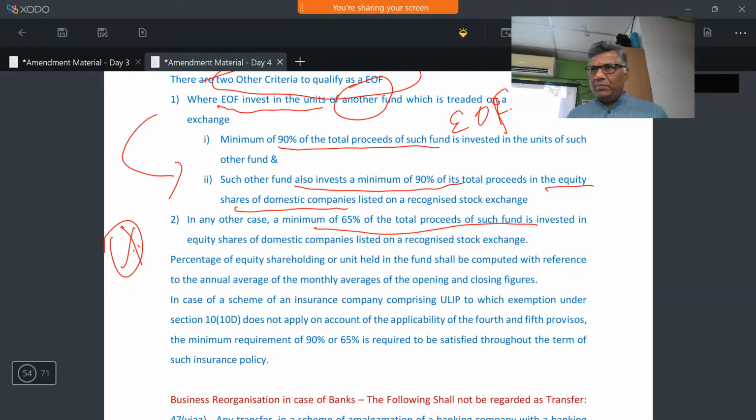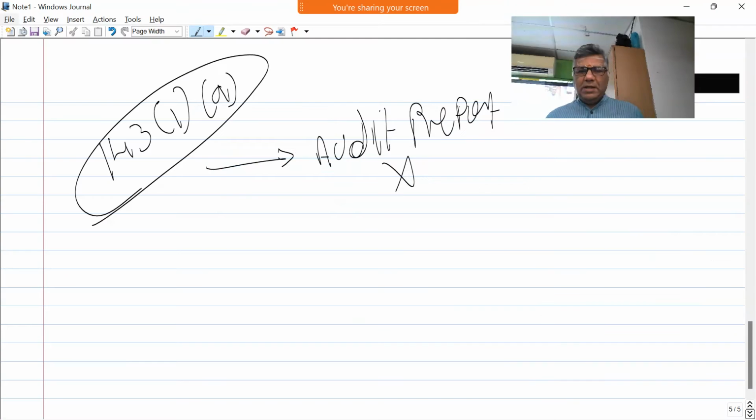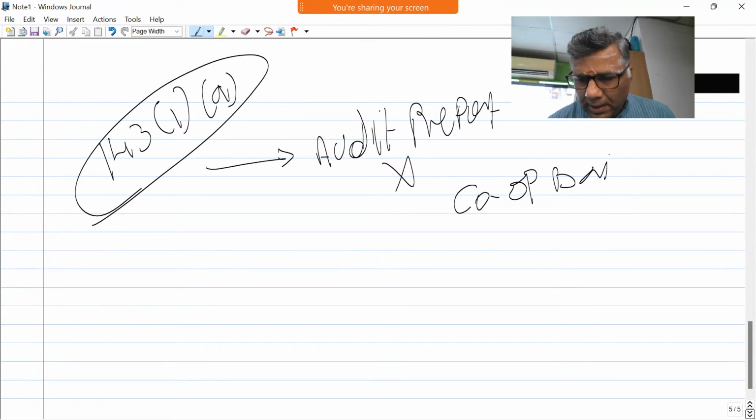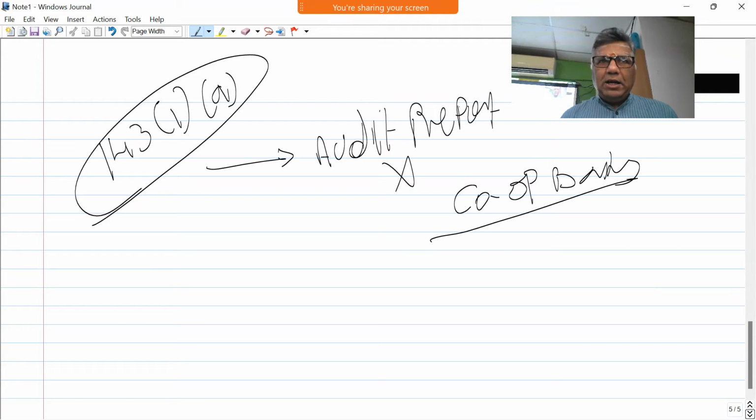Okay, friends, before going into the next amendment, which I think can be questionable in a small manner, I want to speak about cooperative banks. Slowly the government is decontrolling cooperative banks.